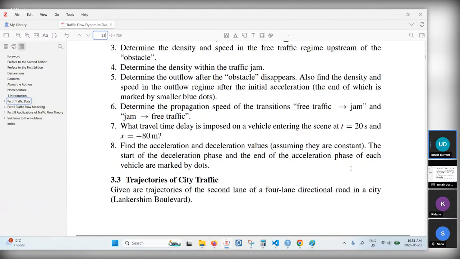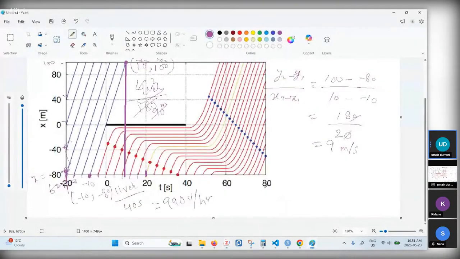Okay, so question 4 is about determining the density within the traffic jam. So within the traffic jam, we have this area. If we consider the 20-second point, which is almost in the middle of this congested area, and we look at this line that t equals to 20 seconds, we can count.